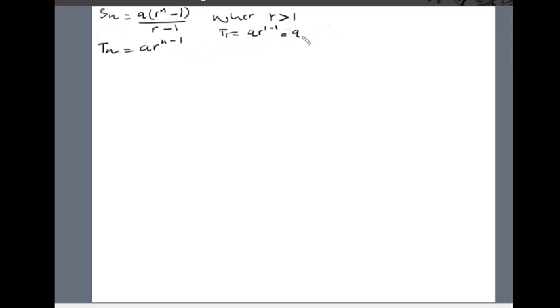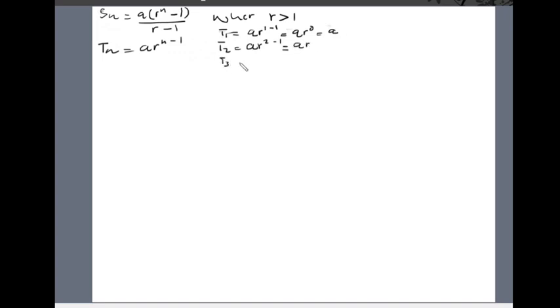We know that anything to the power 0 is 1, so here I'll have a times 1, which is just a, right? Term number 2: I substitute 2 for n, I'll have ar to the power 2 minus 1, which is ar, right?